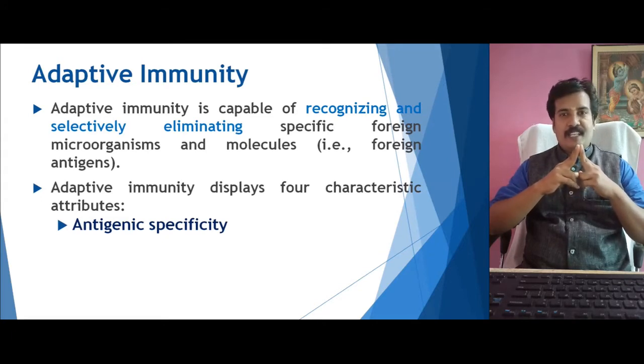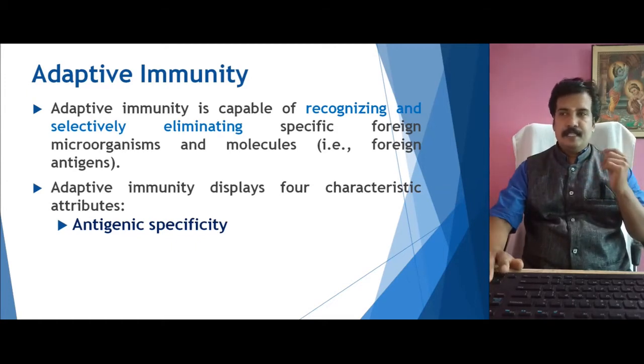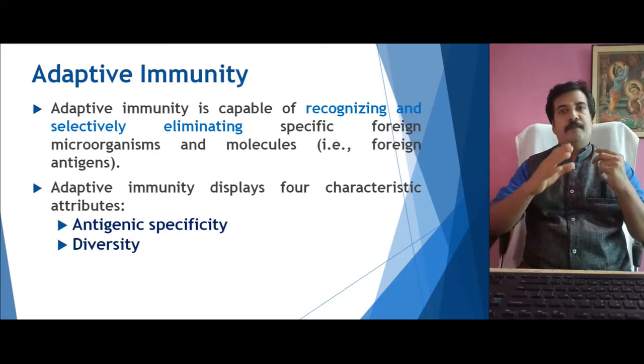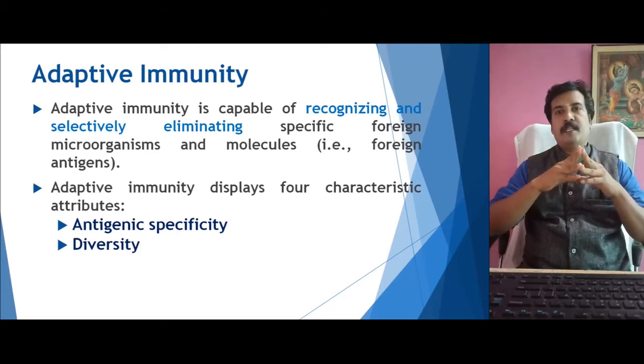So our adaptive immunity cells, especially the B and T lymphocytes, will specifically identify each individual antigen, even if it differs by a single amino acid. Second, our B lymphocytes will produce different types of antibodies. The antibodies, especially the immunoglobulins, carry a variable region which specifically binds with the antigen.